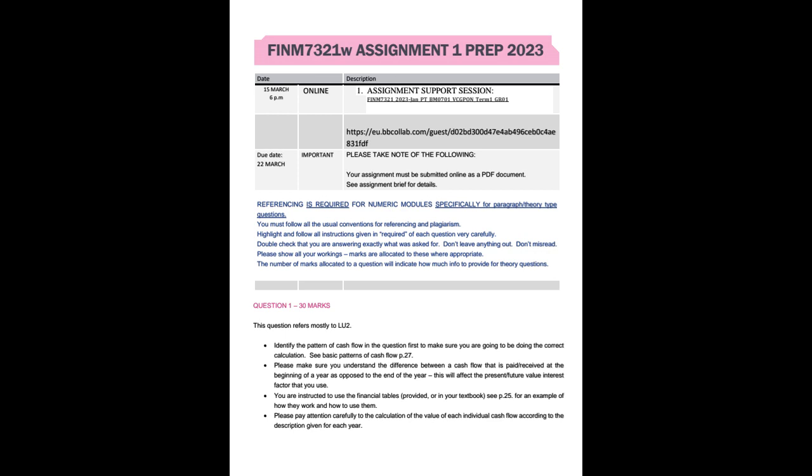And that will be exactly vice versa if they have asked you to calculate a future value. So a future value factor for a lump sum is always going to be greater than 1. It'll be 1 point something or 2 point something.